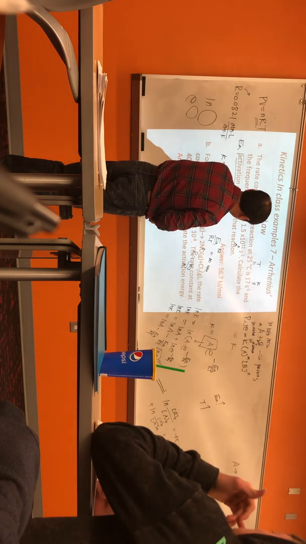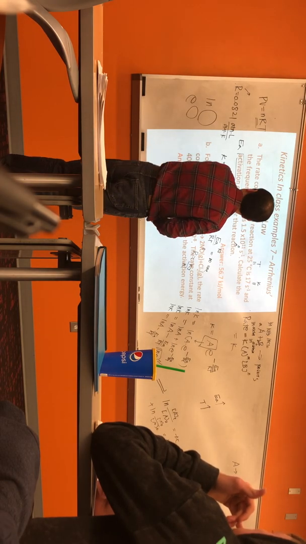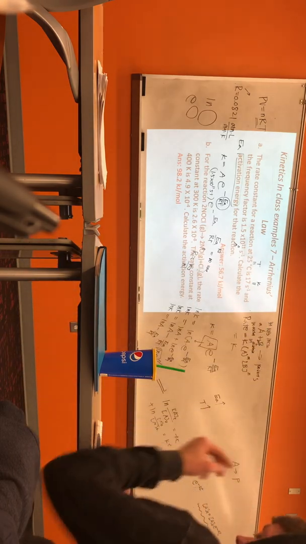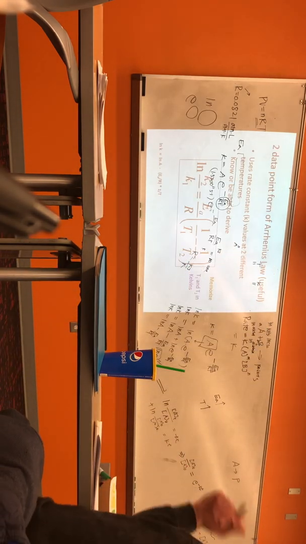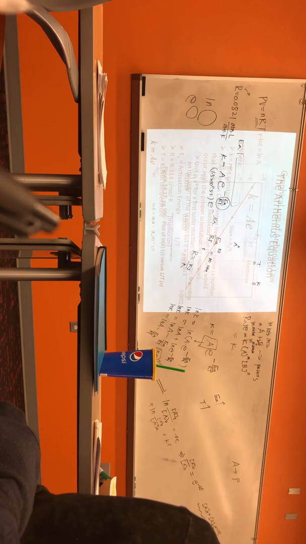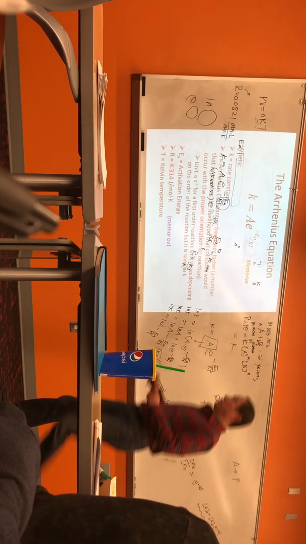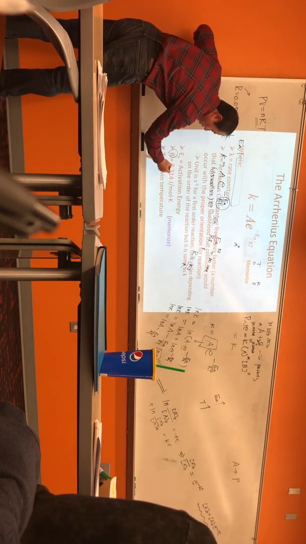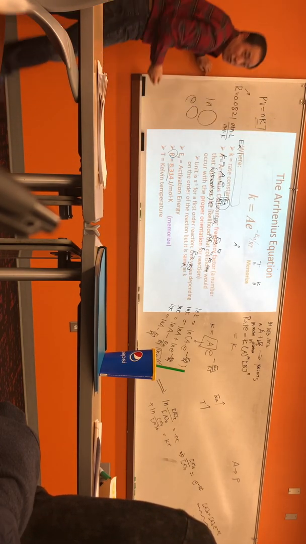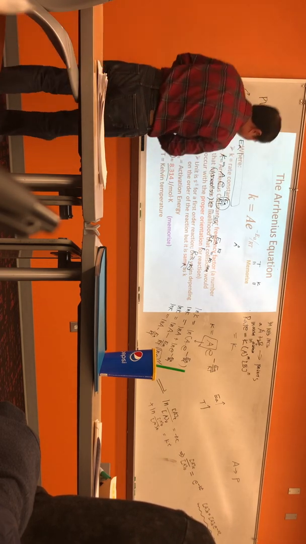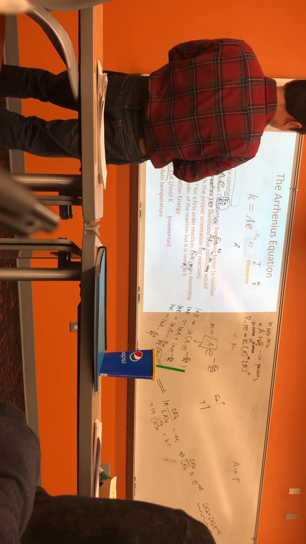Let me see. Oh yeah, right there. So the gas constant is 8.314. You actually have to memorize it for Chem 2. And the unit for that, let me see.